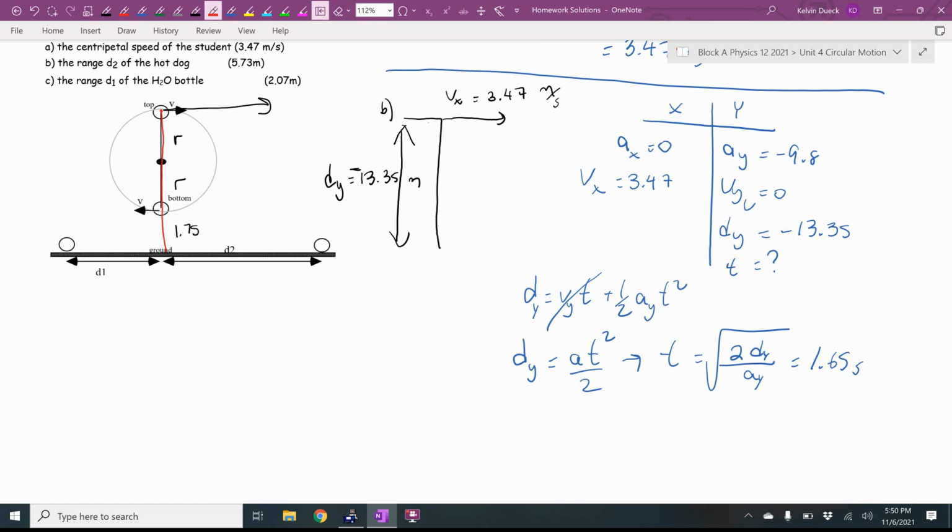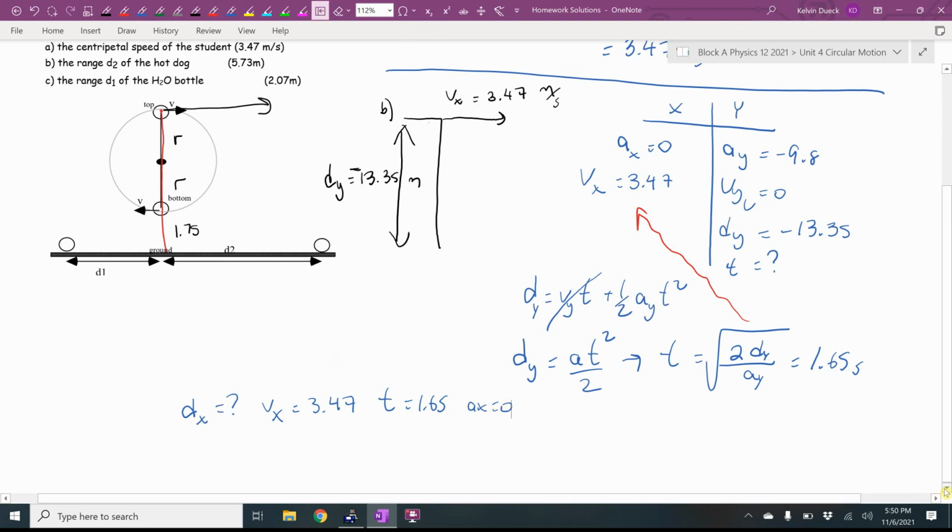Now I can walk that number to this side. In the horizontal column then, I'll have dx I don't know, Vx is 3.47, t is 1.65, and ax is 0.